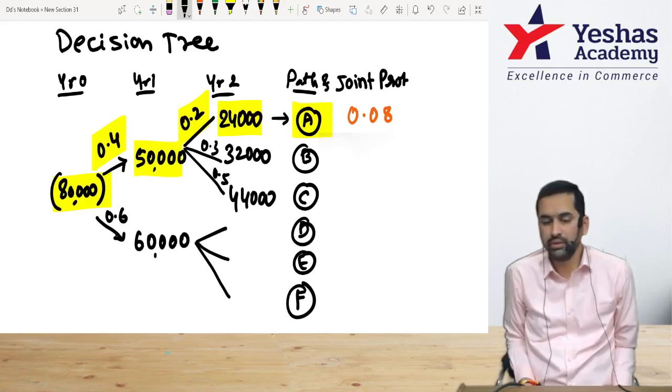Last column in your table will be path and joint probability.